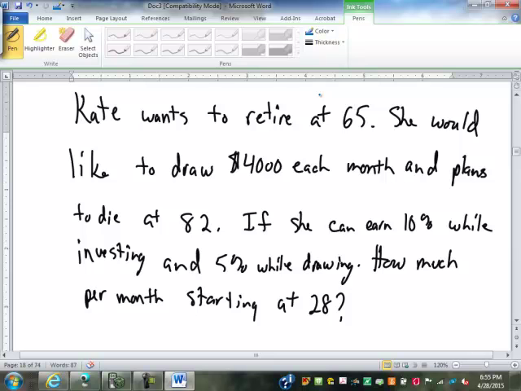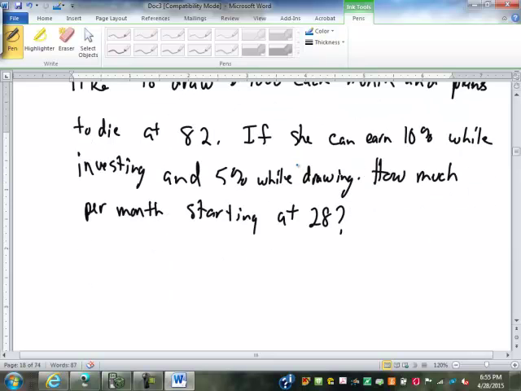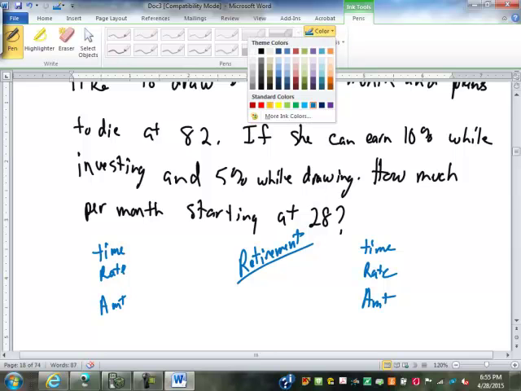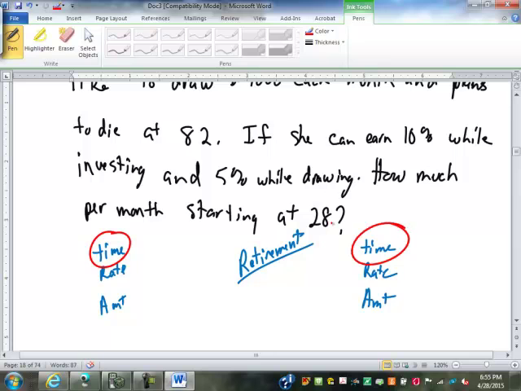So remember, we have this retirement thing in the middle here. On each side, we have two things. We have time, rate, and amount. In this case, we have the time on both sides.